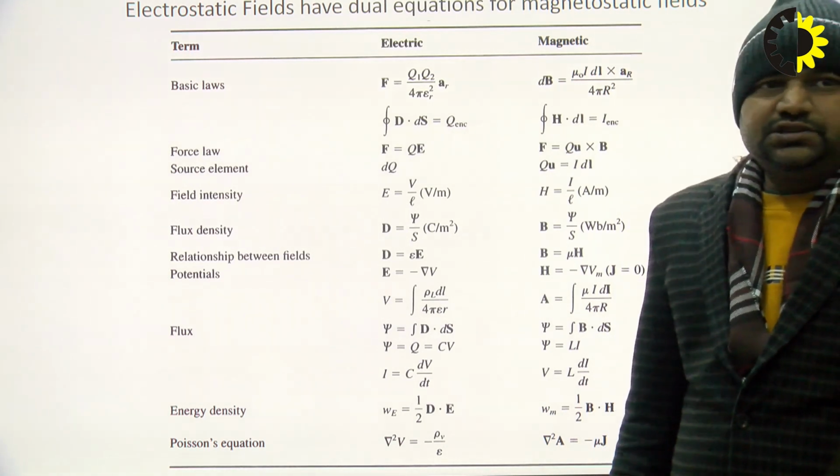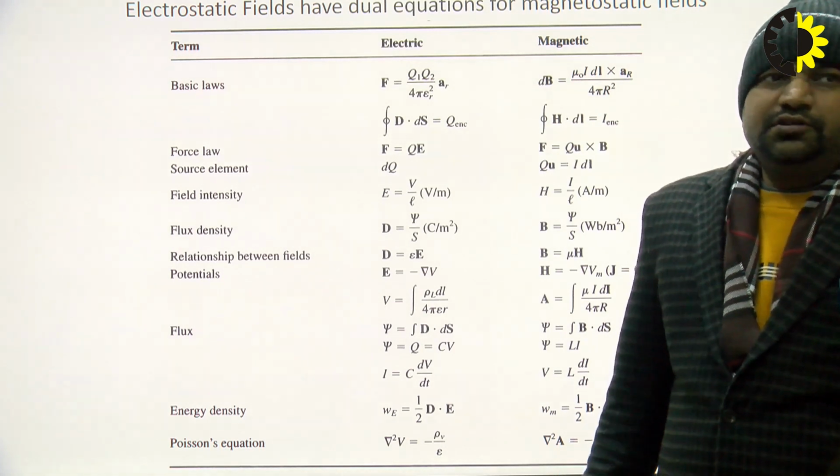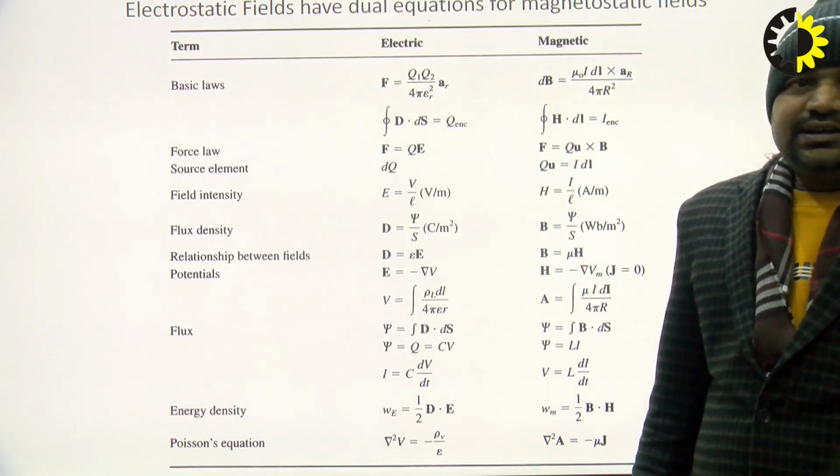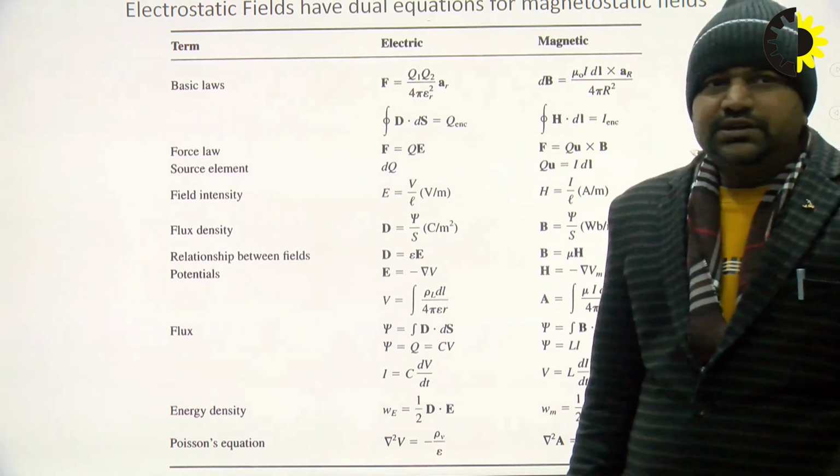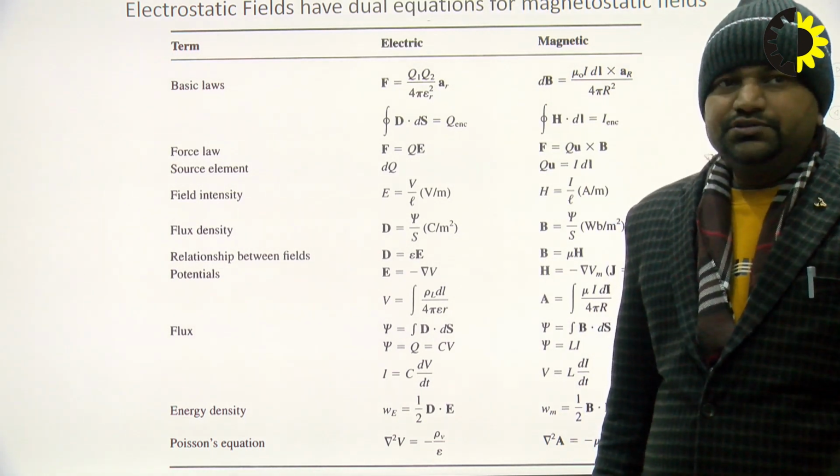D dot dS is equal to Q enclosed, this is the Gauss law, and in the magnetic field H dot dl is equal to I enclosed, which is Maxwell's fourth equation or Ampere's circuital law.